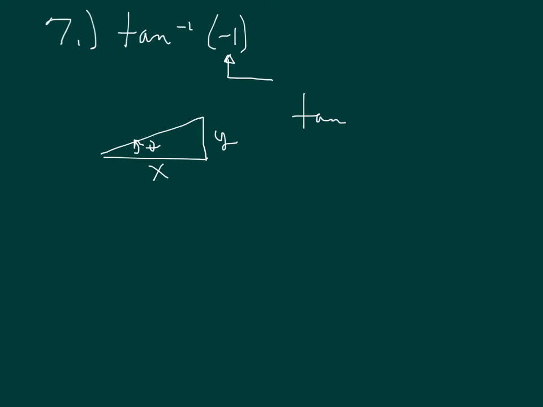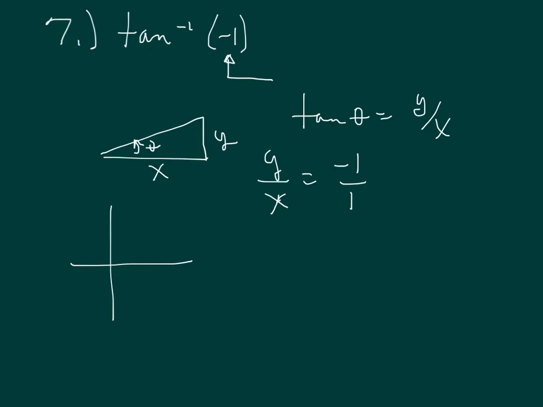So I know the tangent of theta would be y over x. Y over x is going to be equal to -1 over 1. If I think about that, I have y equal -1. I have x equal +1.